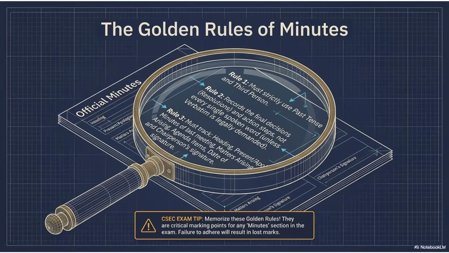Next, we said minutes are the record of what was said in a meeting, right? So in all minutes, there are certain guidelines you're supposed to follow. For one, it's a record of what was said in a meeting, so it should be done in past tense, because it's in the past.